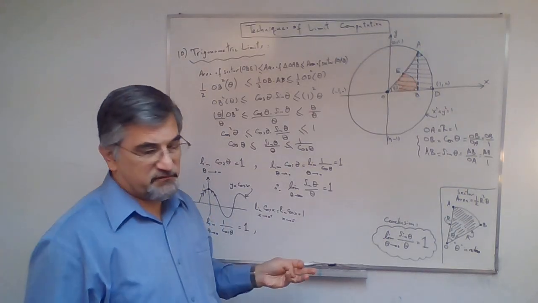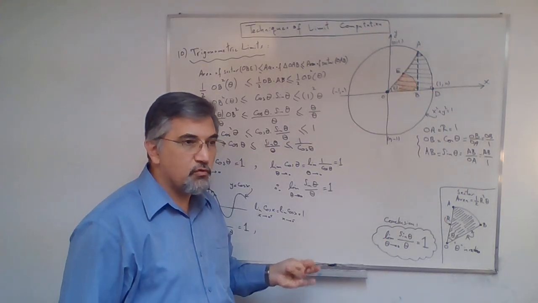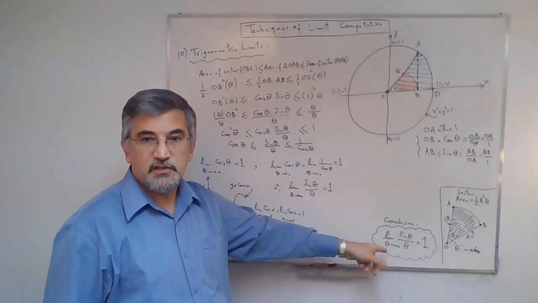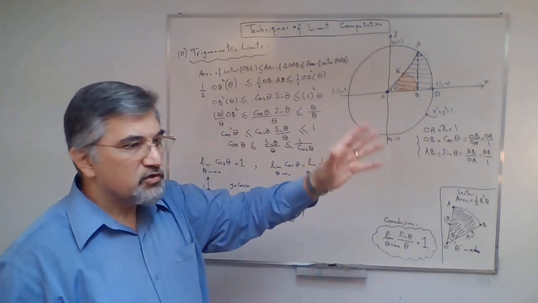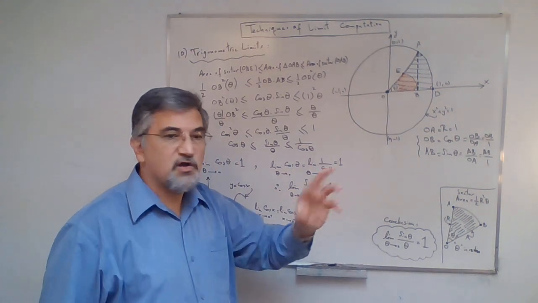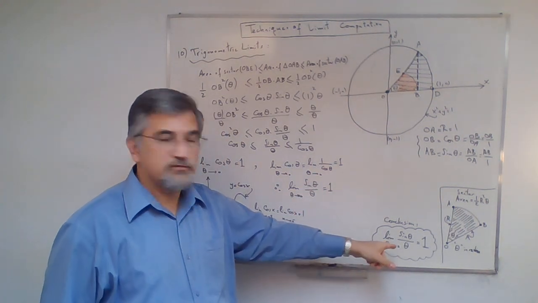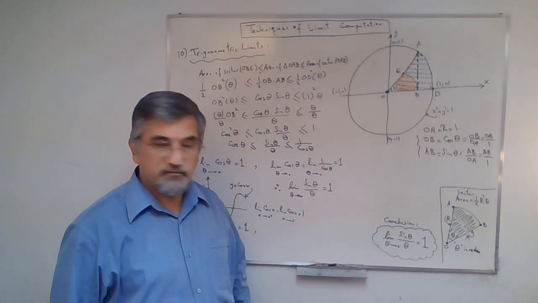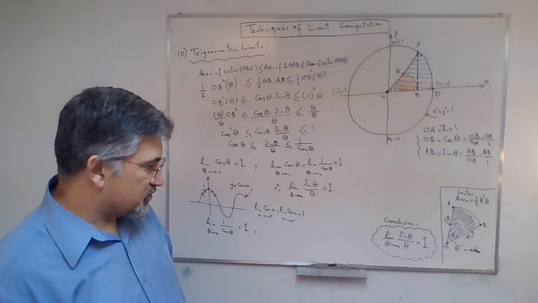I should confess that there is almost no limit question that you solve without using this formula. It's that fundamental. Any complicated trigonometric limit you want to find, one way or another, at some point you have to refer to this very famous, important formula that we concluded today.